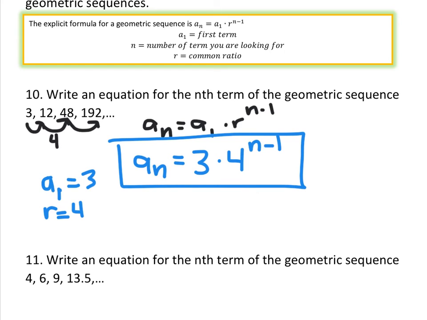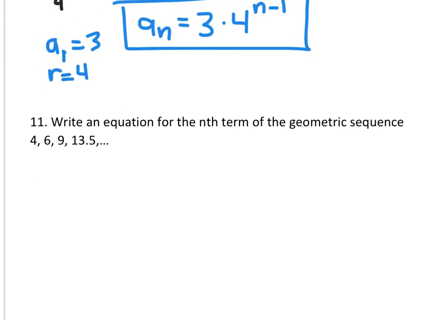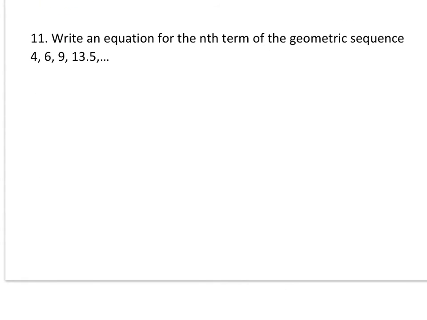Okay, let's look at another one. Write an equation for the nth term of the geometric sequence 4, 6, 9, 13.5. We know we're going to use the equation a1 times r to the n minus 1. Our a1 is 4. What is our r?